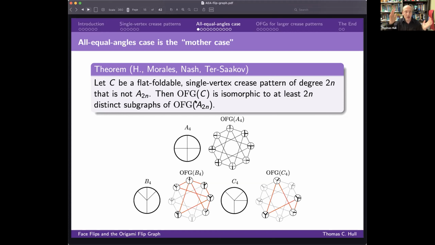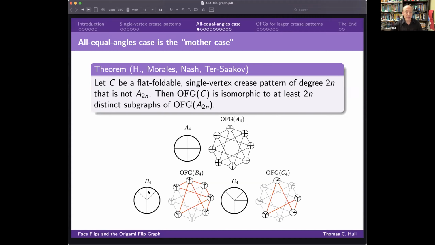This means that the all equal angles case is kind of a mother graph for all the origami flip graphs of the same degree. I'm not going to prove this because it's a little bit technical, but it makes a lot of sense if you think about it, that when you have all equal angles, you have the fewest constraints on what faces are flippable and what faces are not flippable.